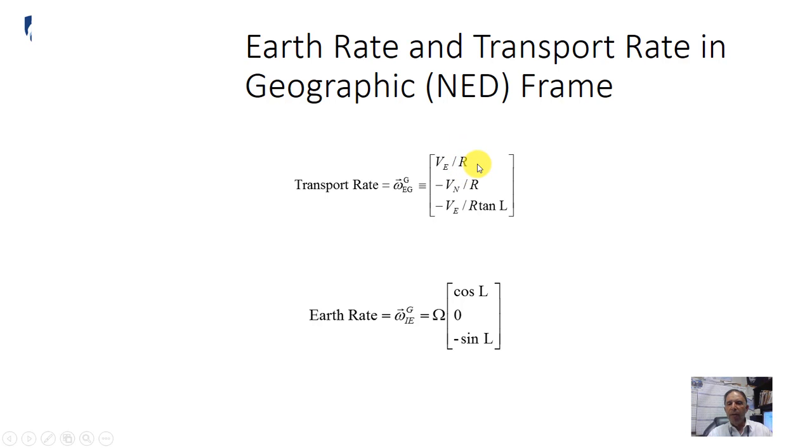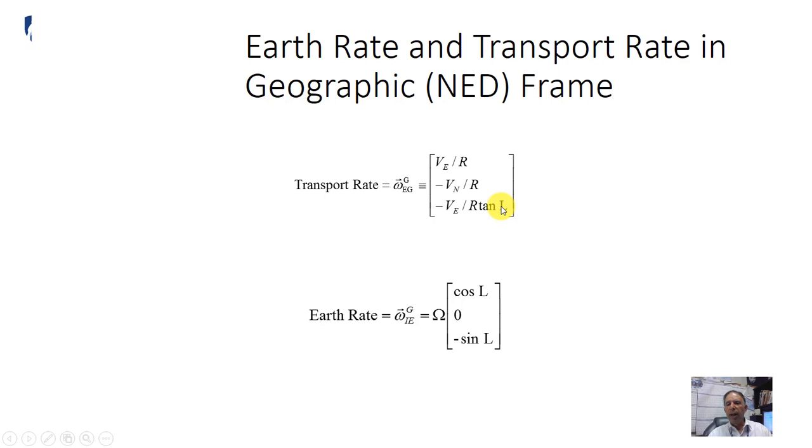Normally this would have eccentricity terms in there and latitude terms when we take into account the oblate spheroid. However, for a pure spherical Earth model, we could represent it this way, and the third element is minus VE divided by R tangent latitude.